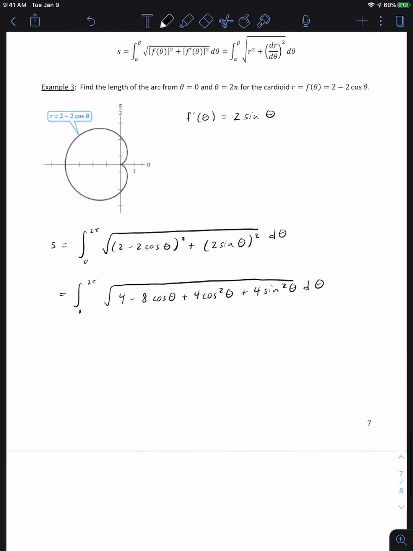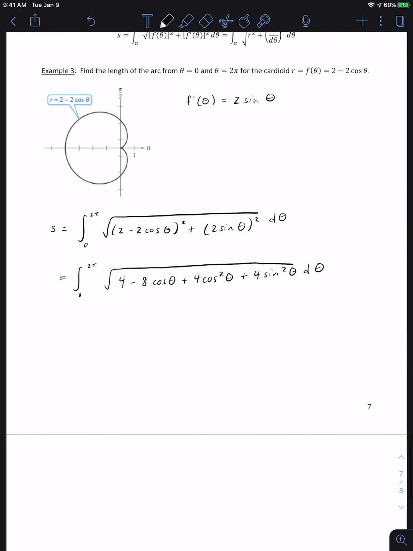Notice that I can pull a 4 out of each term, which is going to be pretty helpful. So the integral from 0 to 2 pi of the square root of 4 times 1 minus 2 cosine of theta plus cosine squared theta plus sine squared theta, d theta.